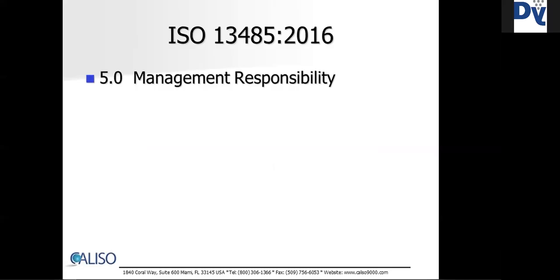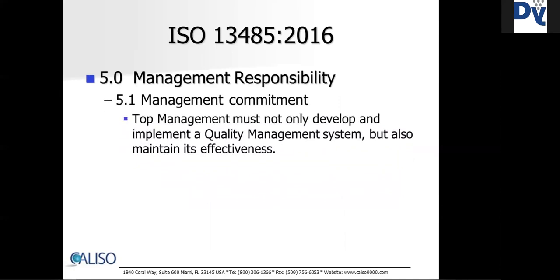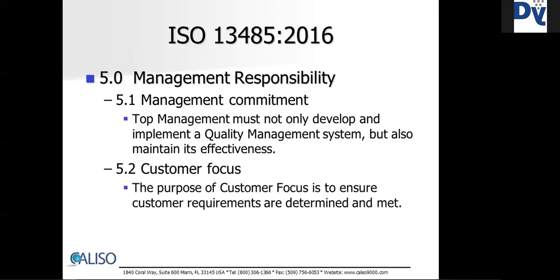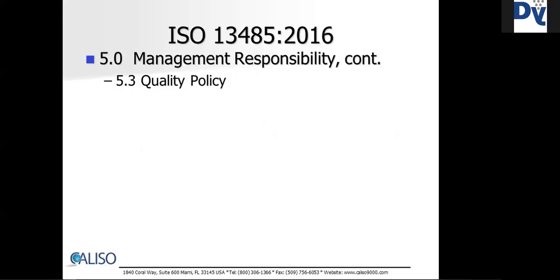Section 5 defines the requirements of top management to ensure that top management actively participates in the quality management system. 5.1 is management commitment. Top management must not only develop and implement a quality management system, but also maintain its effectiveness. 5.2, customer focus. The purpose of customer focus is to ensure customer requirements are determined and met.